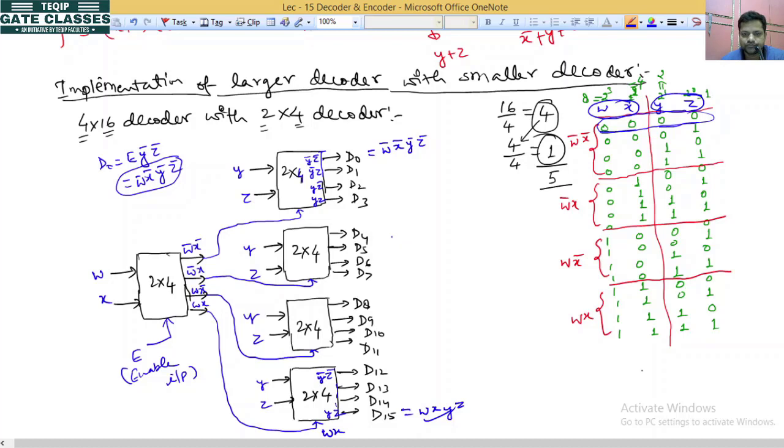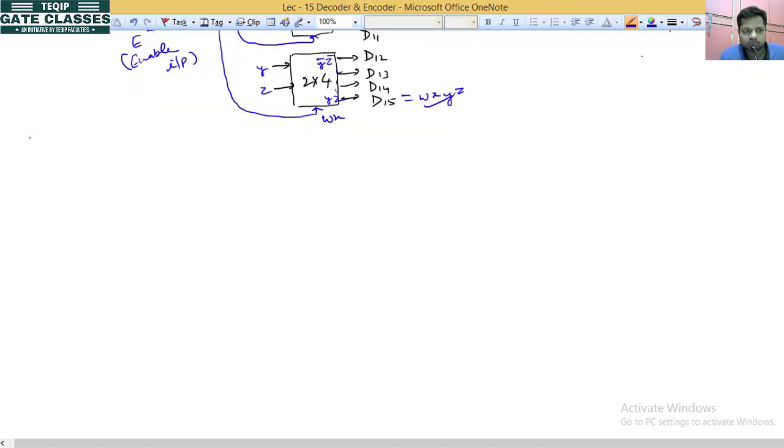So how many decoders do we have to use? 5 2x4 decoders. Now we have again the same case.